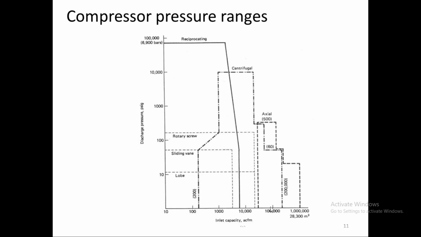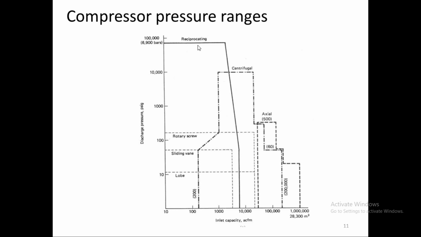But if you need large volume, the largest volume will be offered by the axial type of compressor. That is the dynamic type, axial type or the centrifugal type. The reciprocating or positive displacement type compressors are batch type compressors, so they cannot produce a large amount of volume.